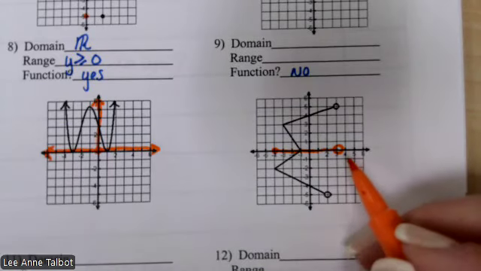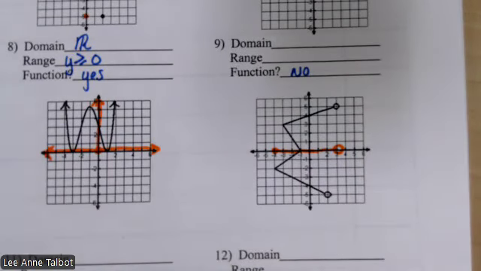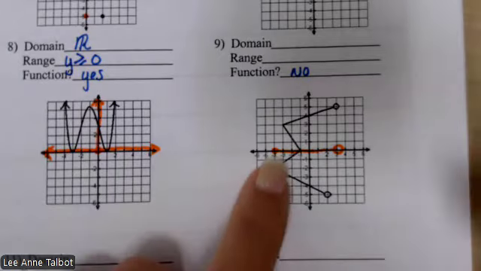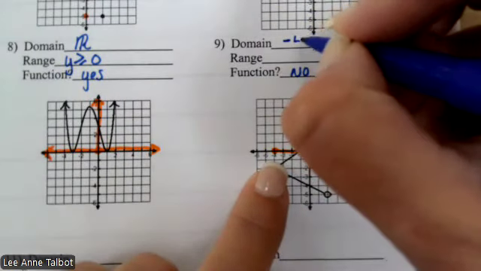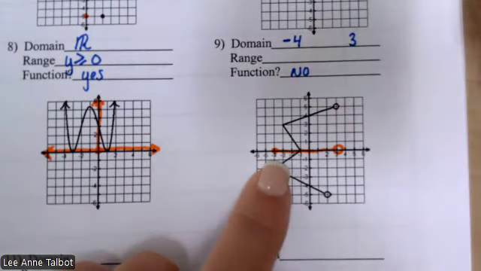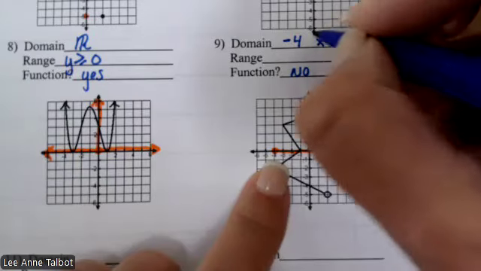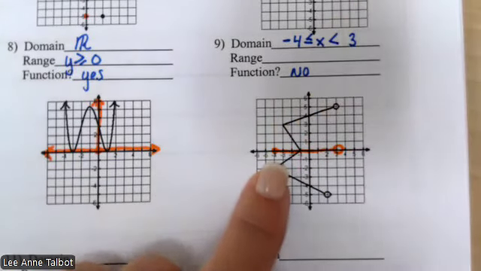I'm gonna make it look really obnoxiously big so I can see it. So we're gonna go -4 to 3, X, closed, open.